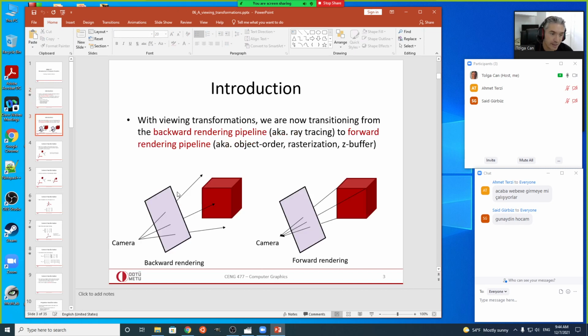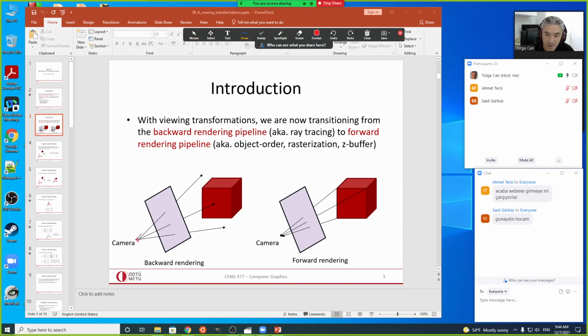This slide also tries to explain why we are doing these things. Why are we doing viewing transformation? Ray tracing is also called a backward rendering algorithm. We had a camera here, we had our eye position, and we were shooting rays in the reverse direction of the light rays. Actually, the light rays are coming towards our eye, but we are backtracing the light rays. That's why it's called backward rendering.